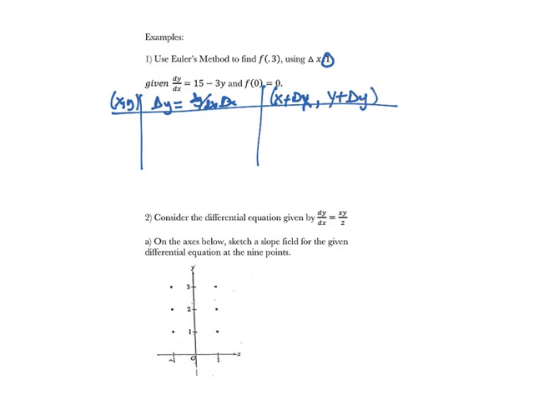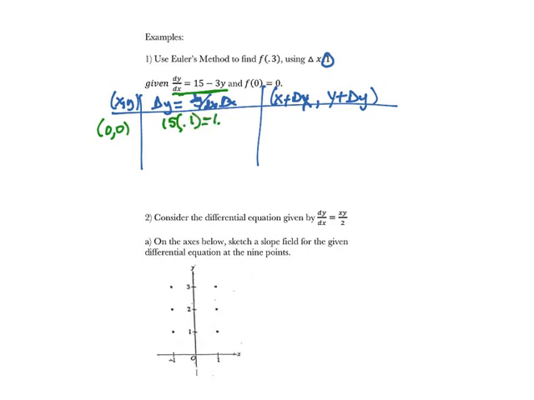Again, we're starting with 0, 0. So delta y is dy dx. Here's my equation for dy dx. Plug 0 in for y and 0 in for x. I just get 15 times delta x, and delta x is 0.1.